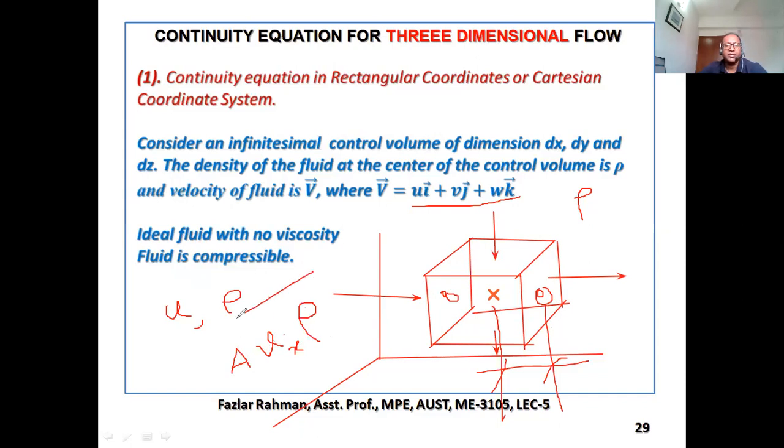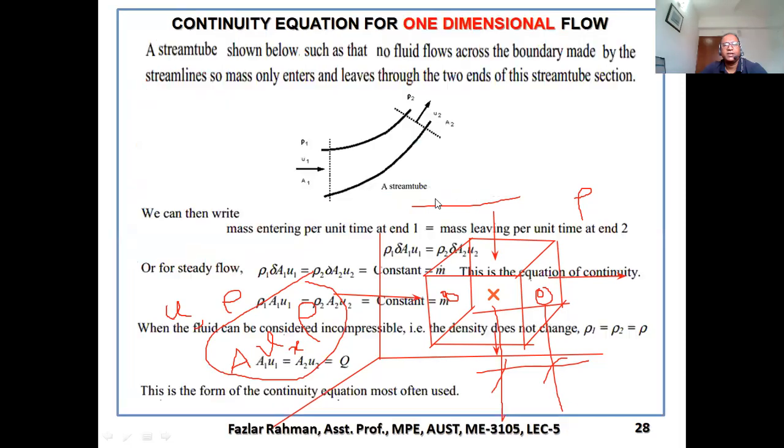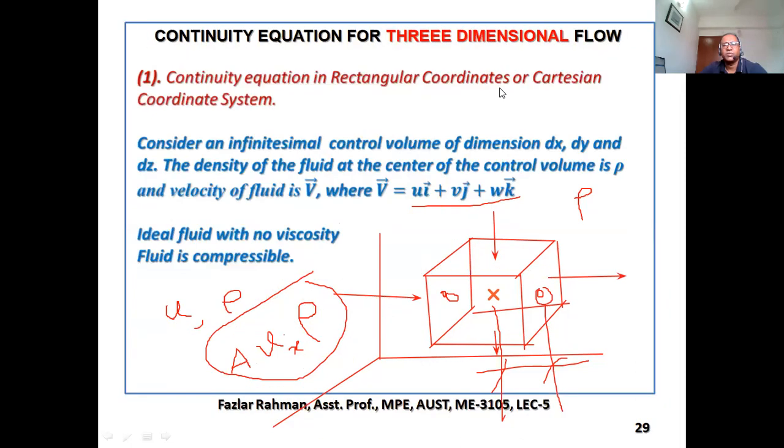What are we getting actually? Rho A U, that means density, area, and velocity. You get the mass flow rate. Then mass in minus mass out gives the mass remaining inside the control volume.